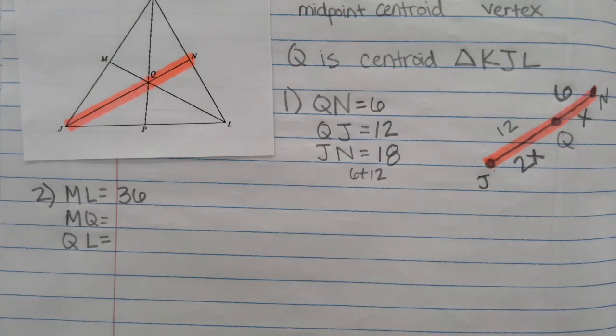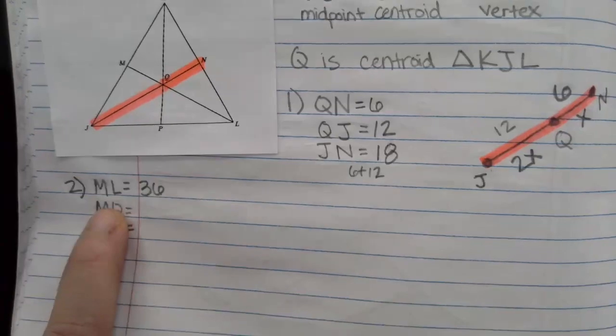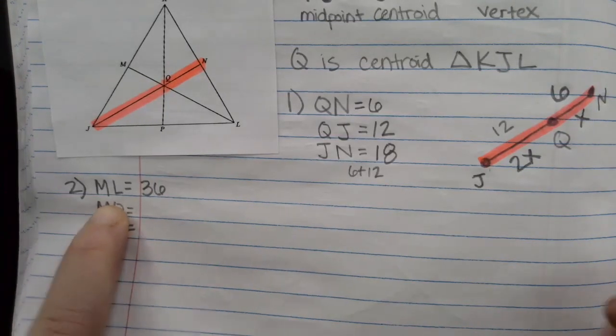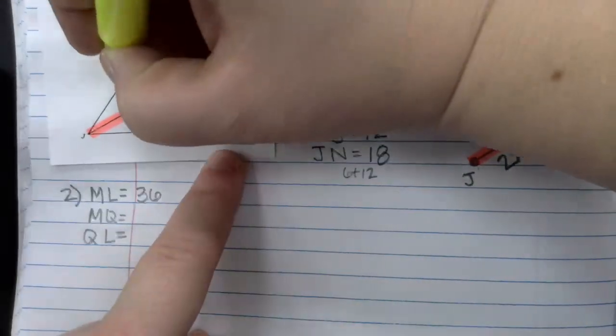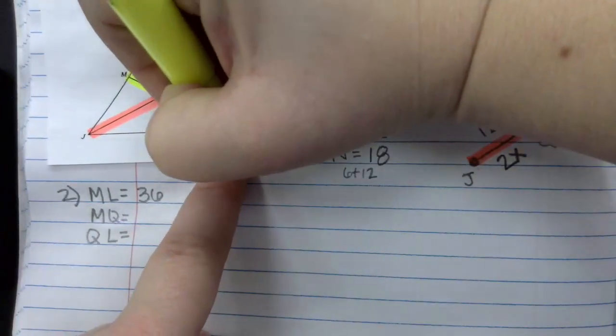Okay, switching highlighter colors here. So once you have that written down, grab a new highlighter color. All right, this time we need to find our median we're talking about, ML. So we're looking at this one that goes kind of diagonal down to the right.